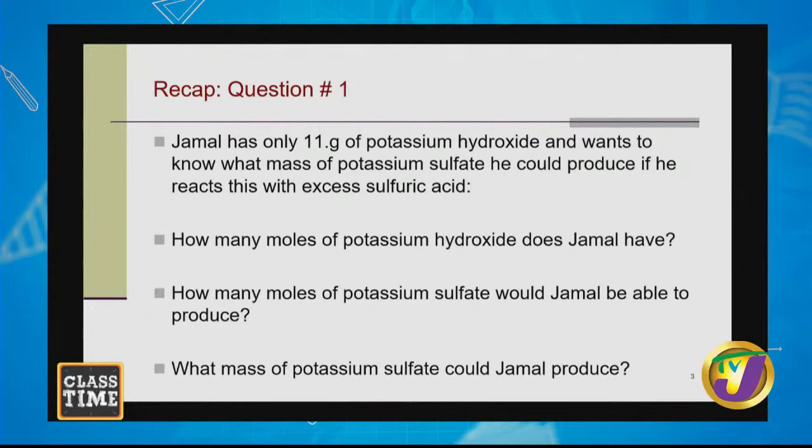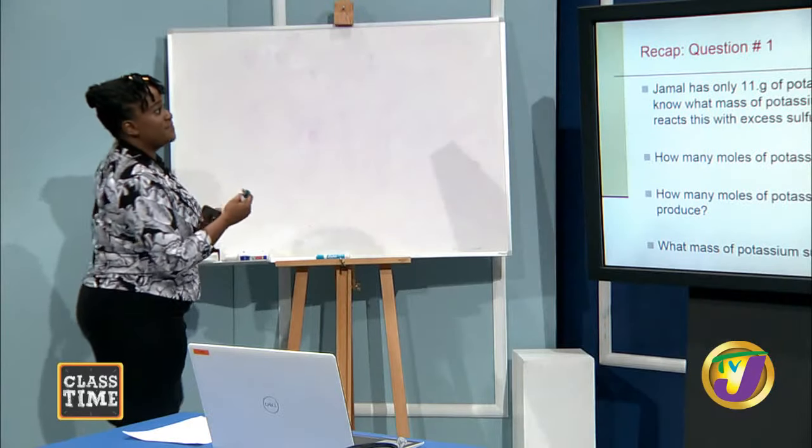So we're going to go to the whiteboard. When I see a question like that, the first thing I would do is to write my equation, because we need to see what we're working with.